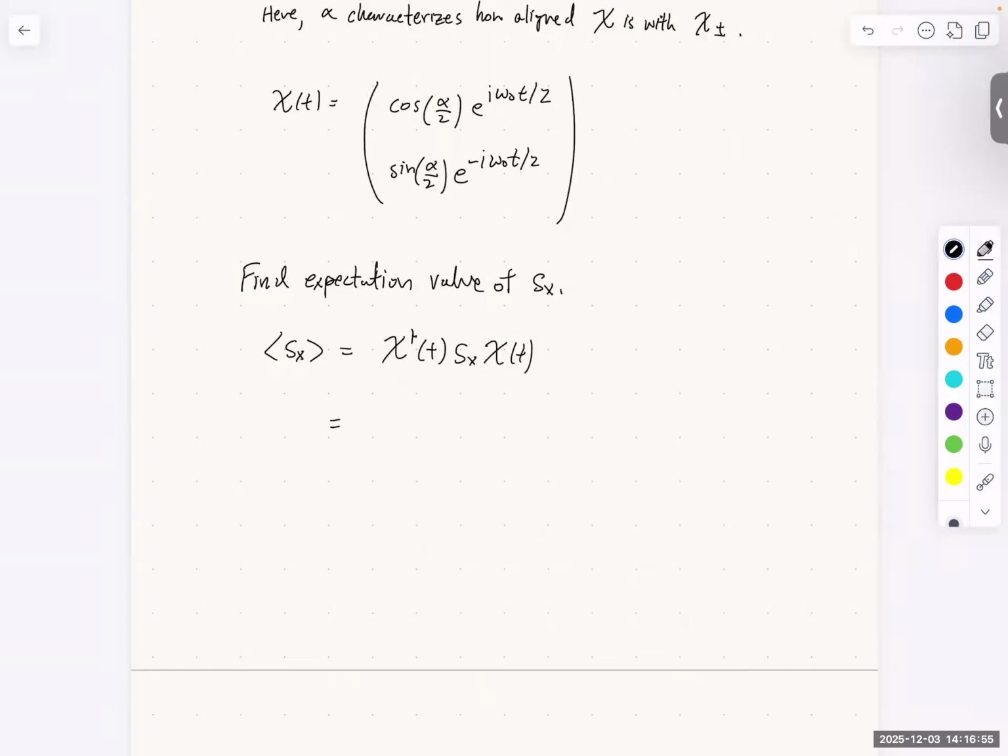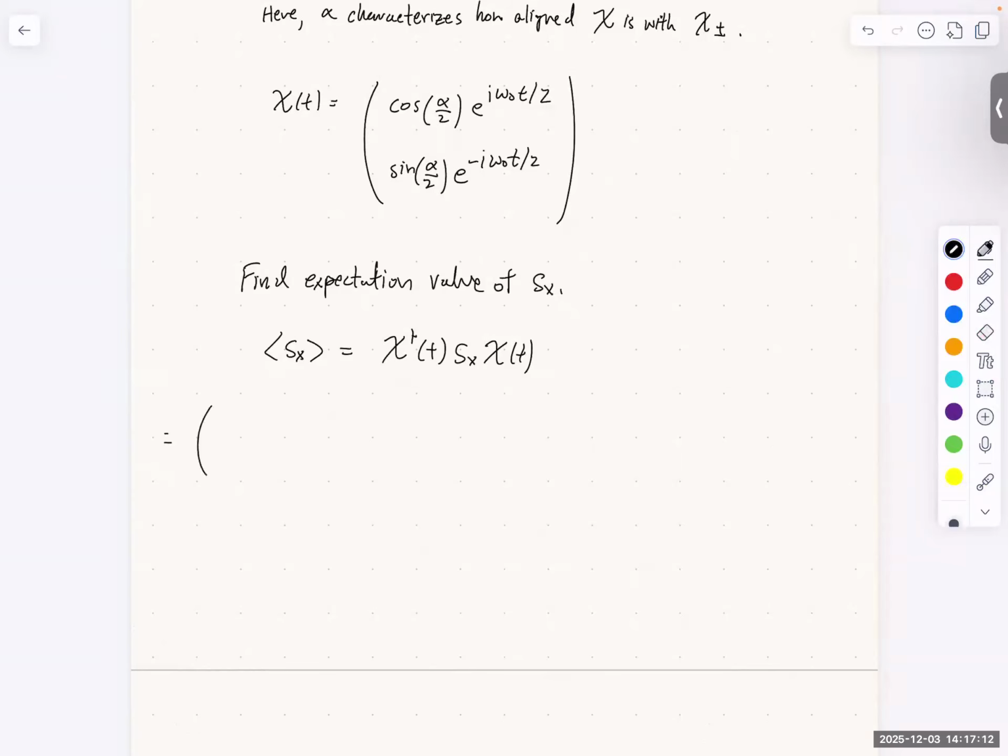So let's see. We first have to produce our adjoint of the spin state. So we transpose and complex conjugate the state that we've already worked out. And I'm going to move this over just to give ourselves a little more space here.